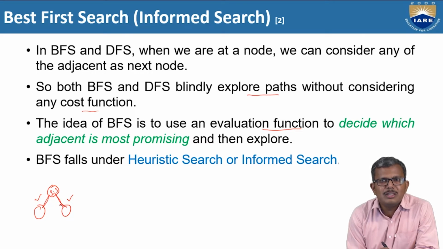During selection, we consider this evaluation function, which gives some cost, a numerical value. For example, think that here the numerical value is 4 and here it is 5. Which is the least cost? Cost value 4. So this path we are going to ignore, and we are going to select this successor node.